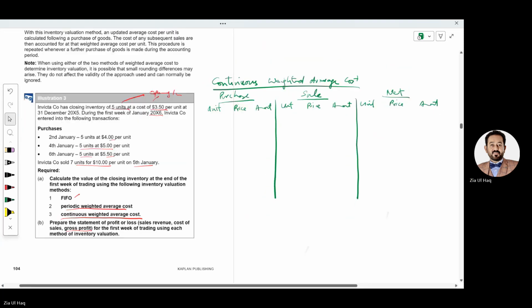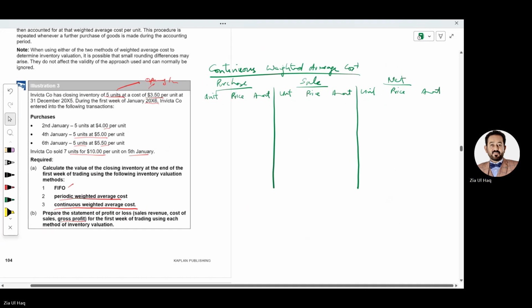Okay. Now move to this question. So in previous year, we bought 5 units at 3.50. So we'll record as purchase 5 units at 3.50. How much is the amount? 17.5.